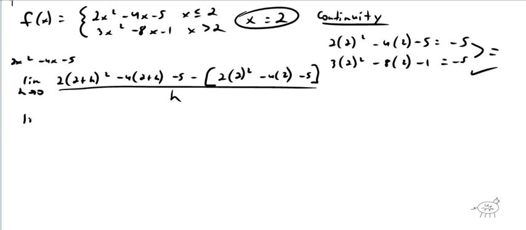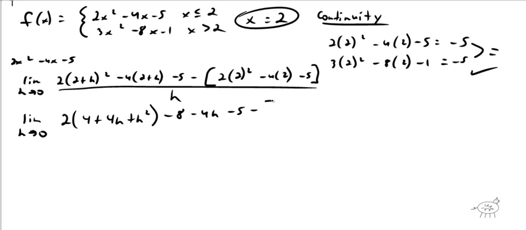Limit as h approaches 0. And that's going to give us, just again, a couple steps here, right? That's going to be 4 plus 4h plus h squared minus 8 minus 4h minus 5 minus, that's going to give us 8 minus 8 minus 5.